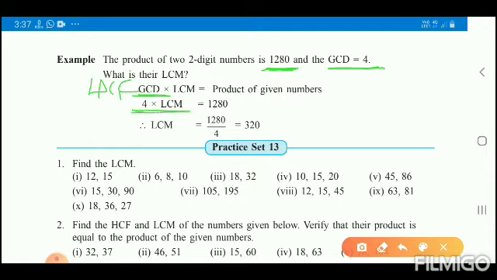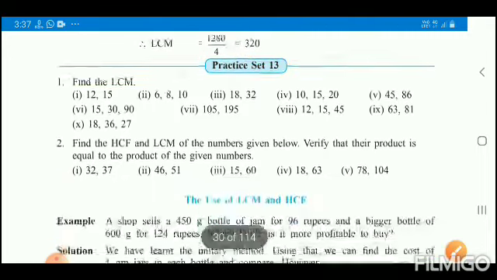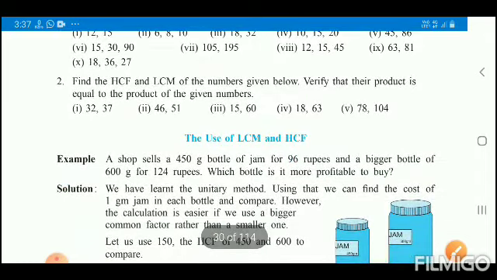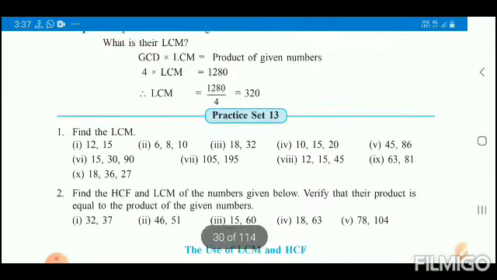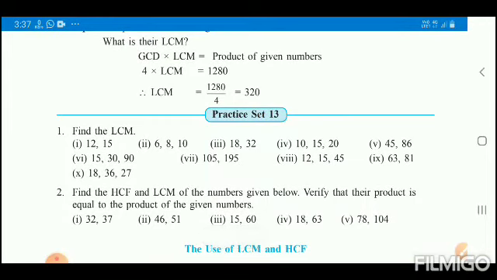So LCM is equal to... when we shift this number to the right side, it will become divided by. So 1280 divided by 4 means the LCM of these numbers is 320. By using this rule, you have to solve the examples given in practice set 13.